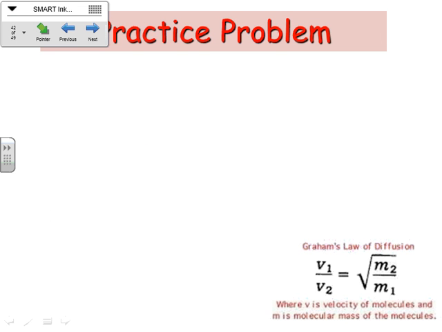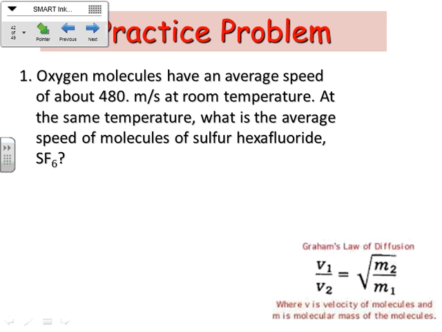Okay, so the practice problems here ask you to do calculations, but I'm not going to ask you to do calculations. I'm going to ask you to just do this conceptually, all right? So oxygen molecules have an average speed of about 480 meters per second at room temperature. By the way, let's take a second to think about that. I don't have a good comparison here because I don't know how many meters a second a car travels.